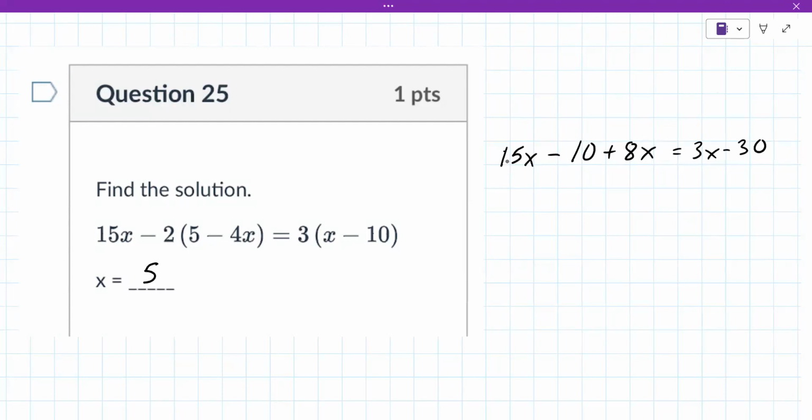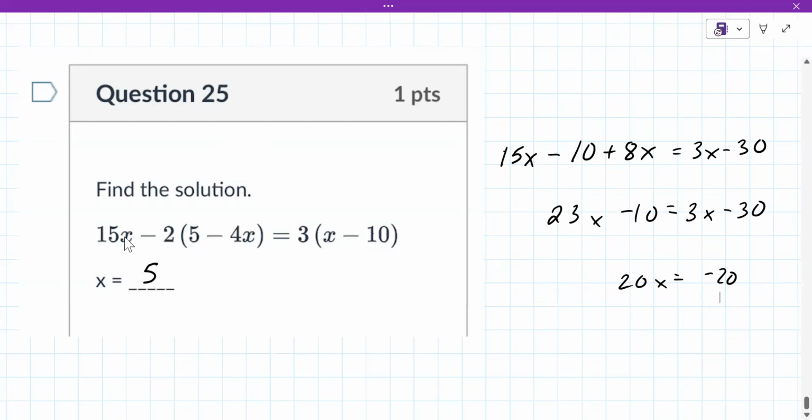Okay. Double check here. So I do not have 5. I have a different number. So one of the things you can do is always check. Negative 2x. Oh, okay. No, I didn't notice that it was a -4. You can always check.